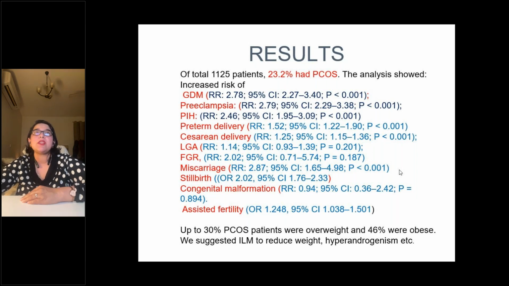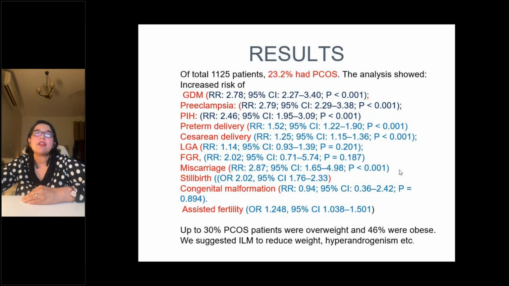And when they got pregnant with singleton or twin pregnancy, and they were aged between 15 to 39, the analysis showed there was quite a greater risk of GDM, preeclampsia, PIH, preterm deliveries, cesarean sections, large for gestational age babies, fetal growth restricted babies, miscarriages, stillbirth, congenital malformations, and they were also prone to have more assisted fertility for becoming pregnant.